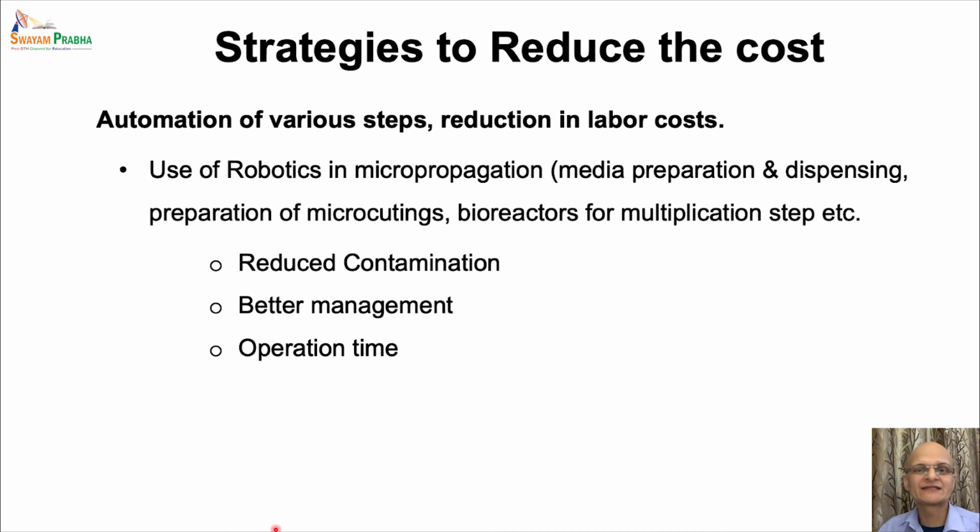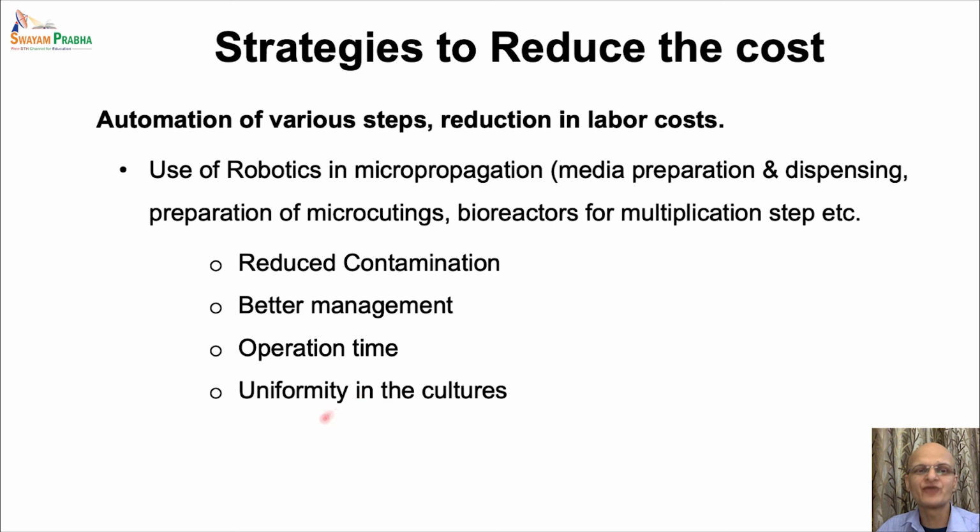Now, with several people working together at the same time and also needing to take care of the contamination, it is usually difficult to do multiple shifts. However, with the use of robotics, it would be easier to manage multiple shifts as compared to when it is totally dependent on the human resources.